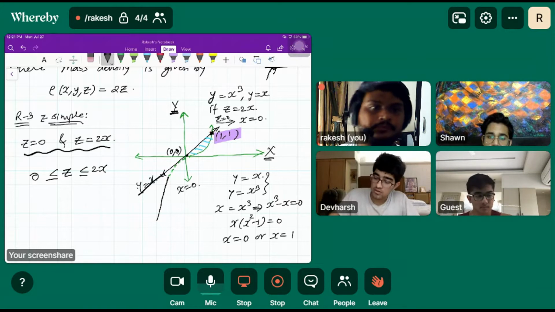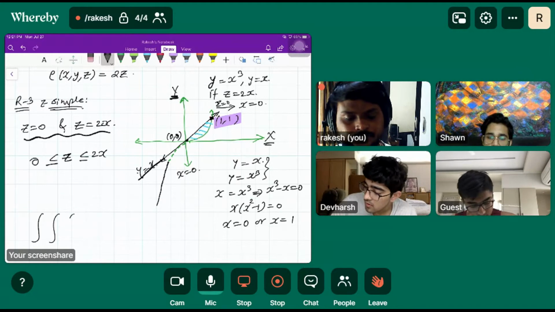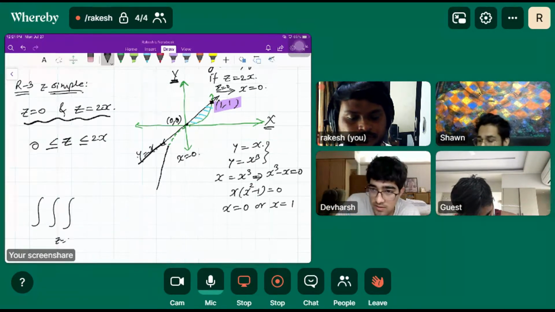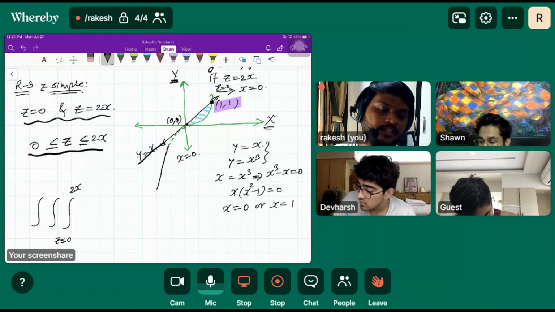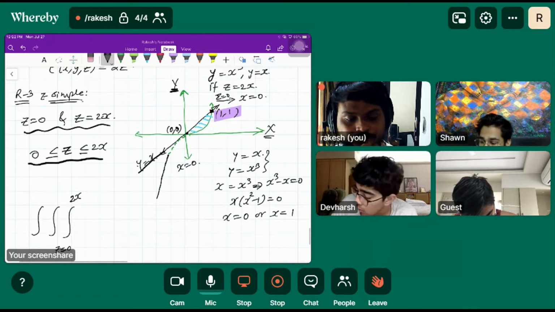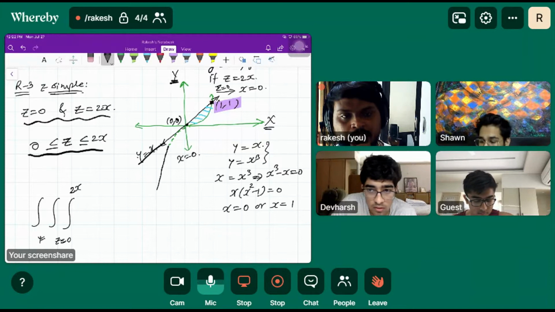Okay, so my setup was: z from 0 to 2x. Perfect. That we got here, 0 to 2x. Then my y was x to x cube.